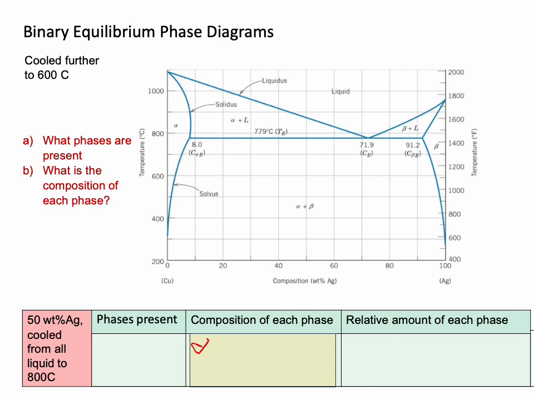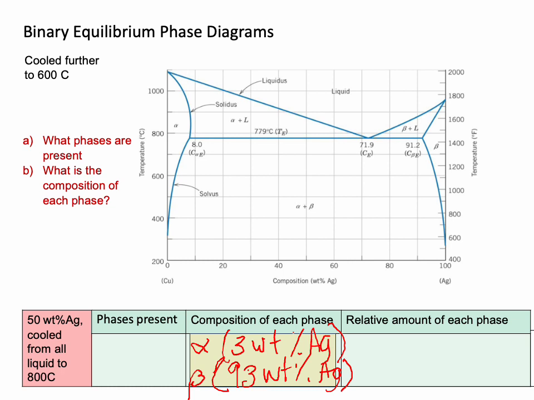compositions. Alpha is 3 weight percent silver, and beta is 93 weight percent silver.